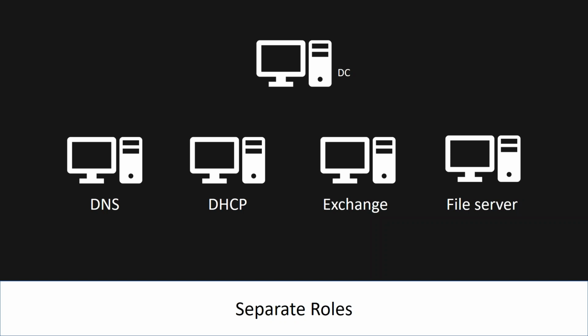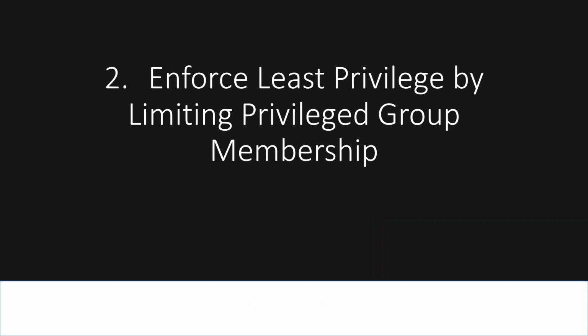And as you start to look into removing domain admin privileges from your IT staff, you'll begin to appreciate why it's easier to separate out the roles as I'm showing you in this slide. So this is a basic principle which will help you move forwards with removing domain admin rights.